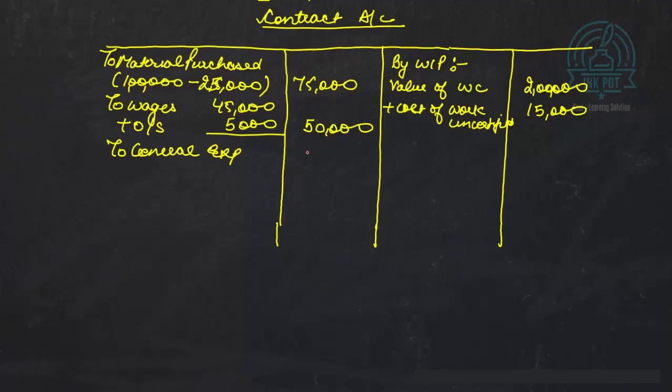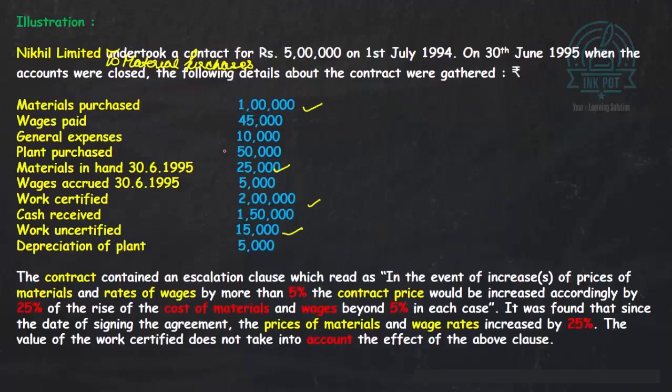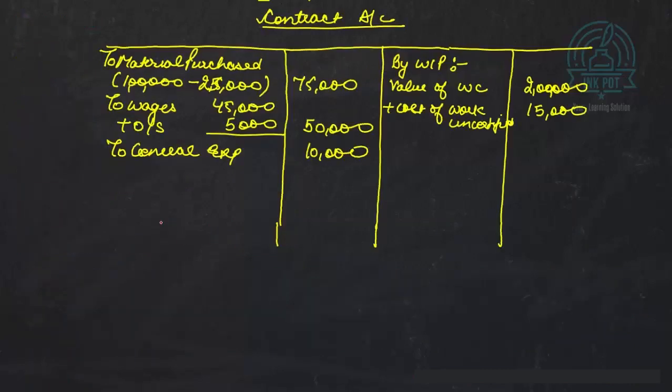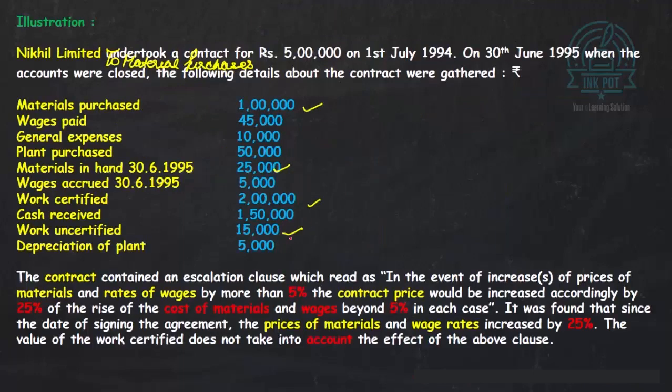Then we have plant purchase 50,000. We have nothing to do with plant purchase, we need depreciation of plant. So depreciation of plant is 5,000. So we are done with the information given till here.